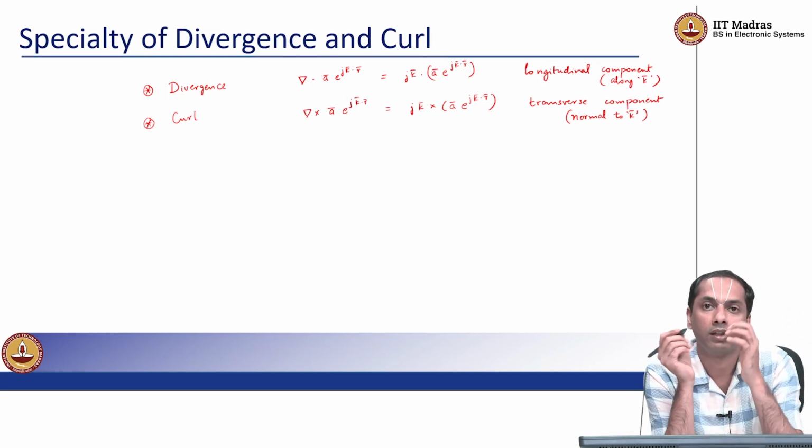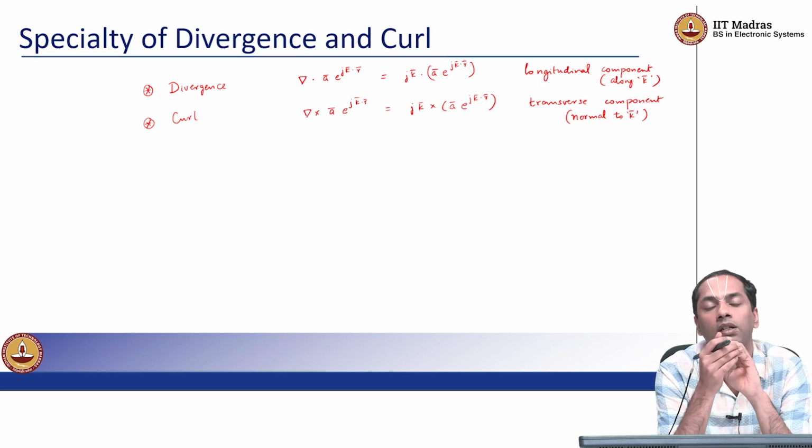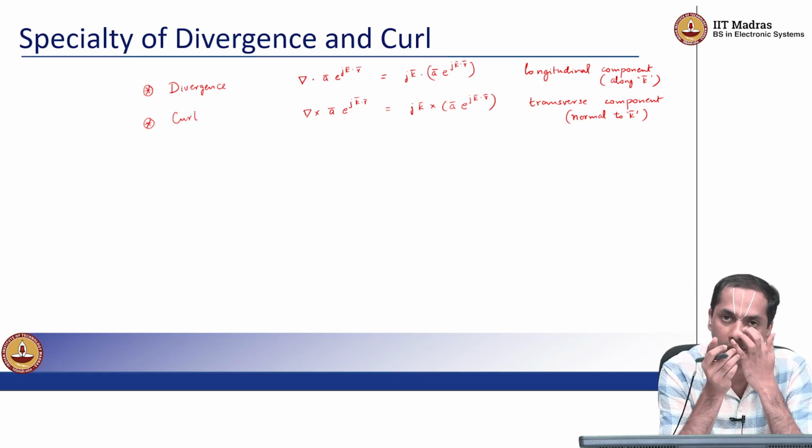So, I will probably conclude this week's lectures, which is essentially supposed to give you the basics and introduction to vectors, gradients, and how these gradients operate on vector fields and scalar fields. And then we also looked at how the Maxwell's equations, which were originally expressed in the integral form, can be converted to a point form or a differential form.